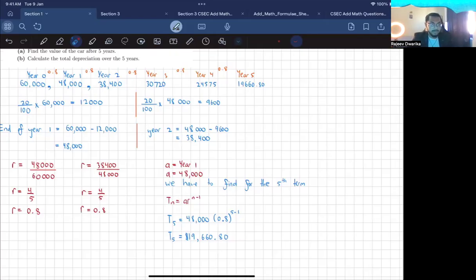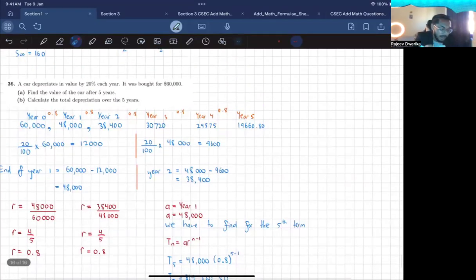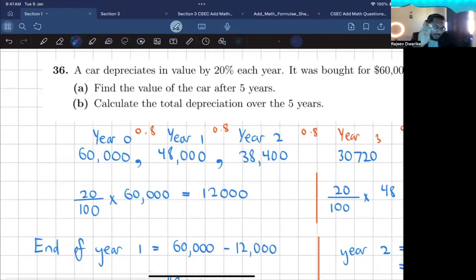Did you think about it like this, so that at the end of every year, I have 0.8 of the value? Did you see, I didn't catch it at first, but now that you catch it, it's like, oh, yeah. And I think some of you would not make the connection that this is year zero.